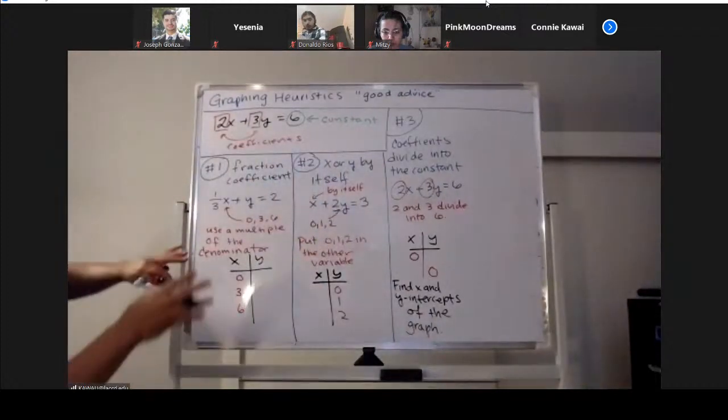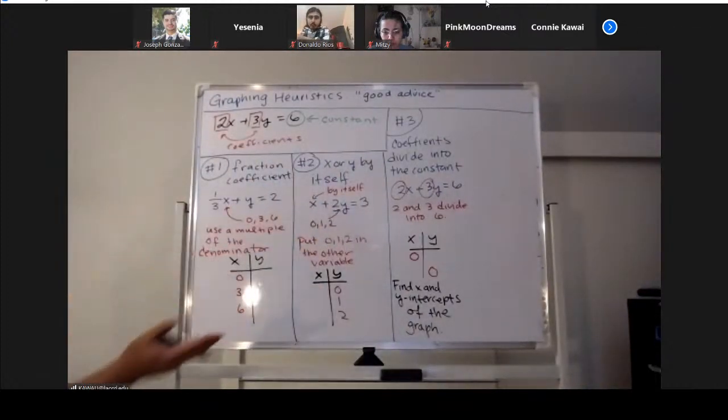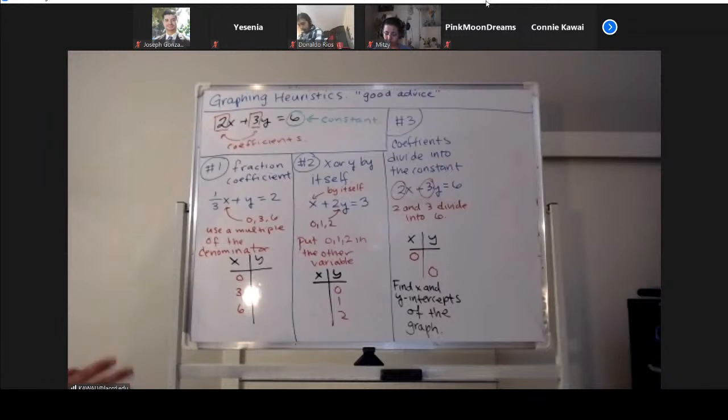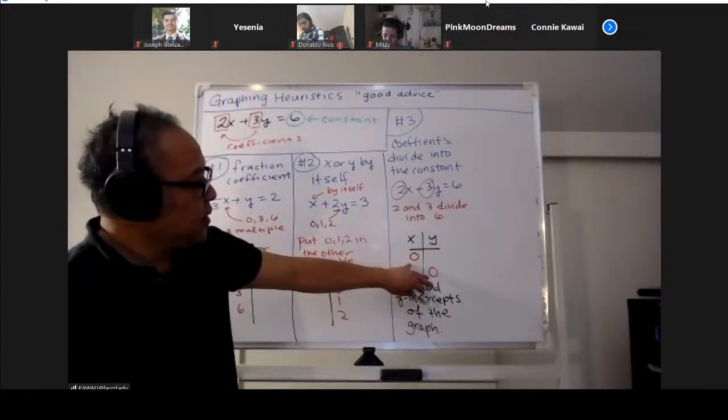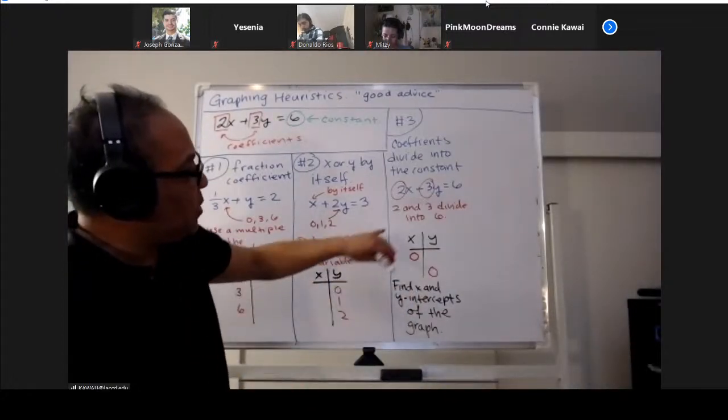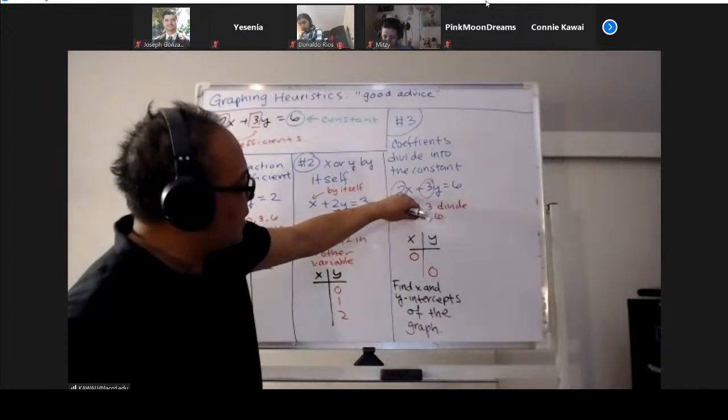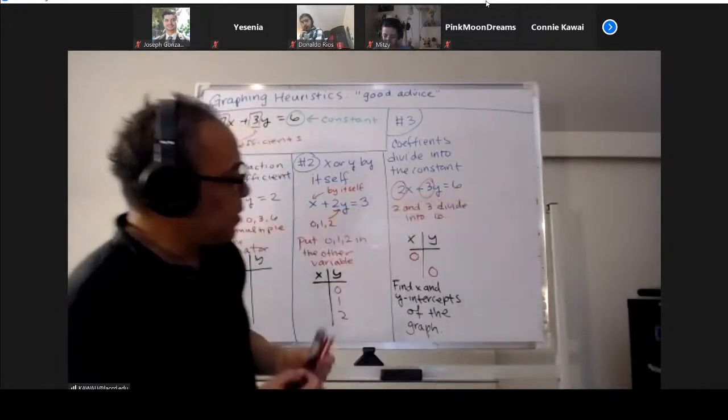Now, after we graph it, I'll show you what X and Y intercepts mean. Okay, but just know that if the question asks you, hey, graph this and use X and Y intercepts, they're trying to tell you 0, 0. Now, in real life, no one's going to tell you that. You're going to know to do that because these two numbers divide into them.